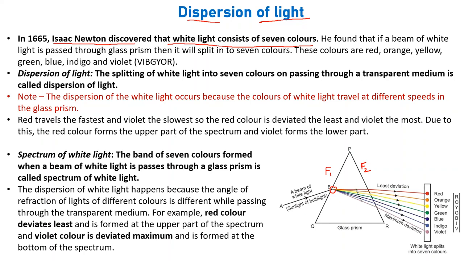Dispersion of light takes place at point B. And over here, when this light strikes the second surface, the F2 surface of the prism, you can see these are getting deviated, right? If you see, the first light is the red one. The red color light is deviated least.